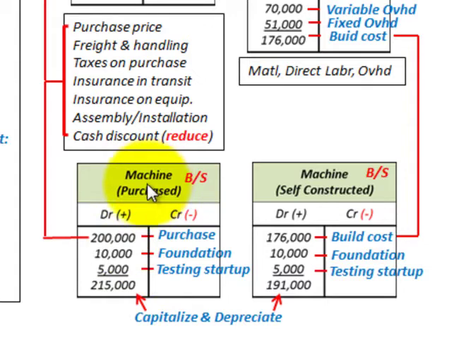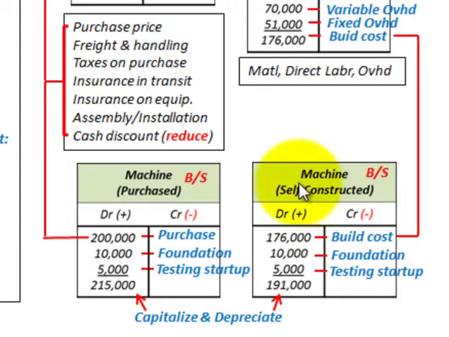So for our machine purchased, we start out with all these purchase costs bringing it up to our purchased amount, and then we add these other costs in, and then we come up with the total amount that would have to be capitalized and depreciated on our machine. And so for our purchased machine with our purchase plus our foundation, testing, and startup, we come up with $215,000.